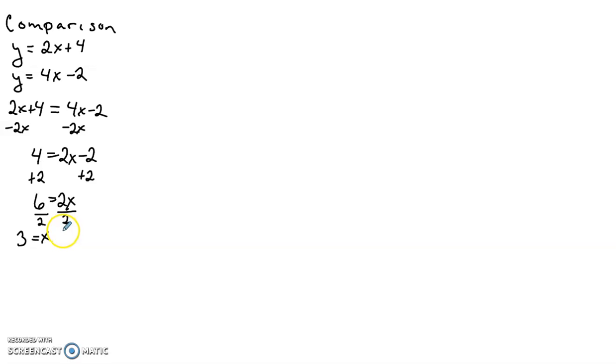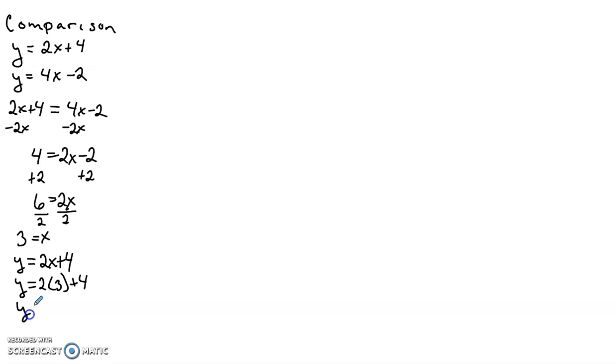Now remember at the beginning, I said we want the x-coordinate and the y-coordinate. Right now, we only know the x value of where these lines cross. To find the y value, we can take either of our 2 initial functions and substitute in 3 instead of x. So let's take the top one. We had y equals 2x plus 4. We know now that x equals 3 when these lines cross each other, so we can replace our x with 3. We'll get y equals 2 times 3 plus 4.